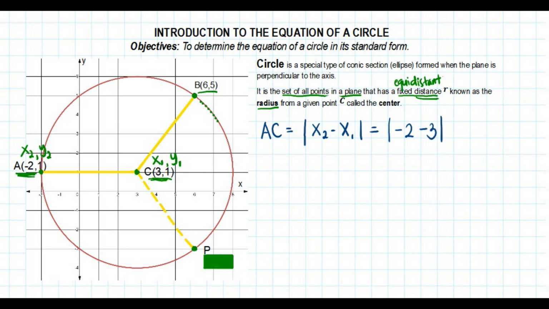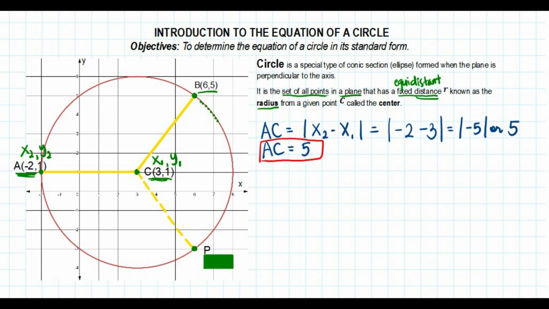And negative 2 minus 3 is the absolute value of negative 5, which is also equal to 5. Now, the distance from the center to point A is 5. Lagyan ko lang ng box to compare later. Then, balik tayo sa blue.